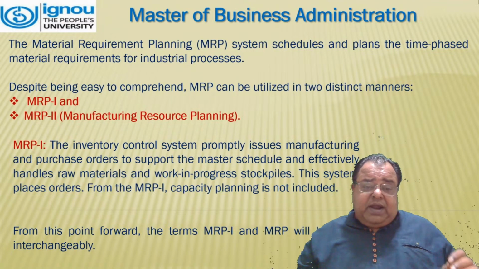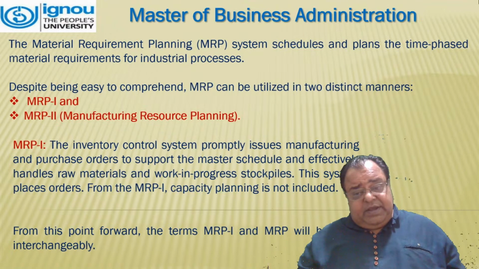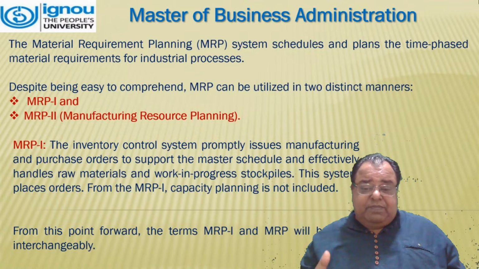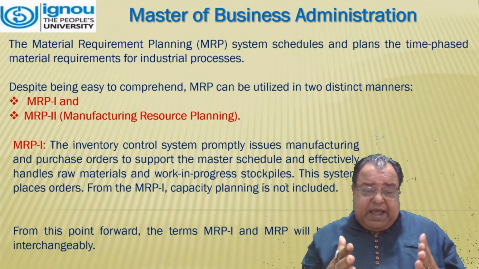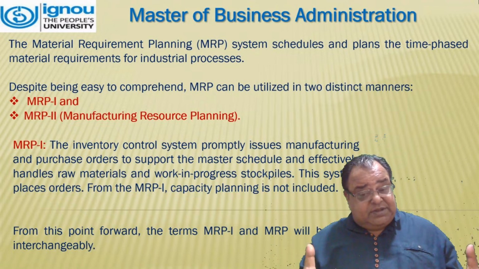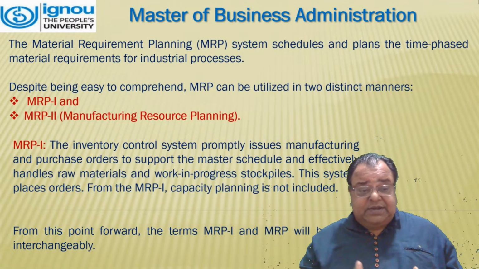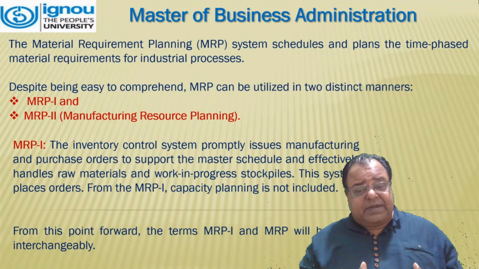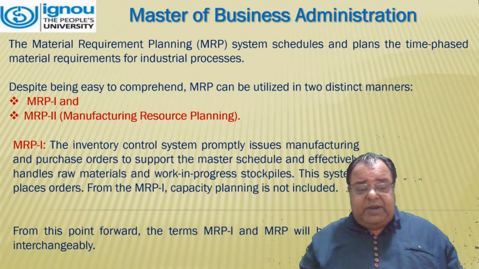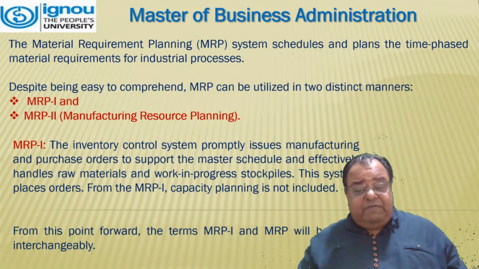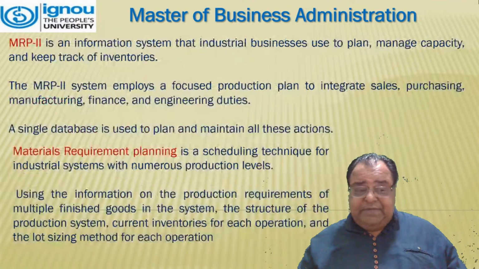The inventory control system promptly issues manufacturing and purchase orders to support the master schedule and effectively handles raw materials and work in process files. This system places orders from the MRP1; capacity planning is not included. From this point forward, the terms MRP1 and MRP will be used interchangeably.